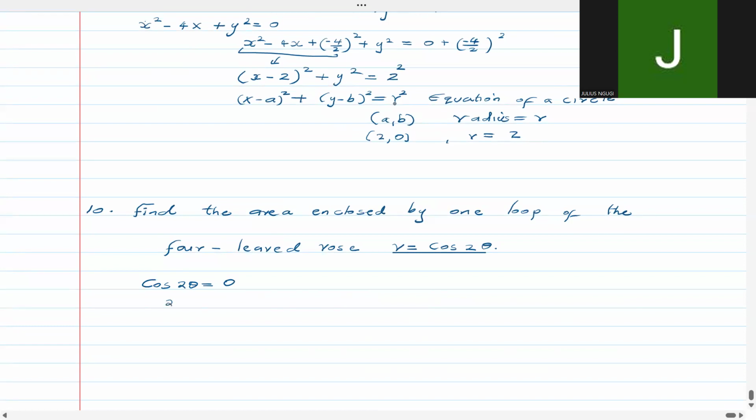Then I'll have 2 theta equals cos inverse of 0, or arc cosine of 0, and we get 0 on the unit circle at pi over 2 and minus pi over 2.